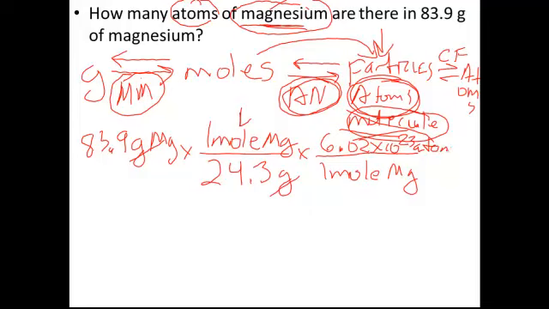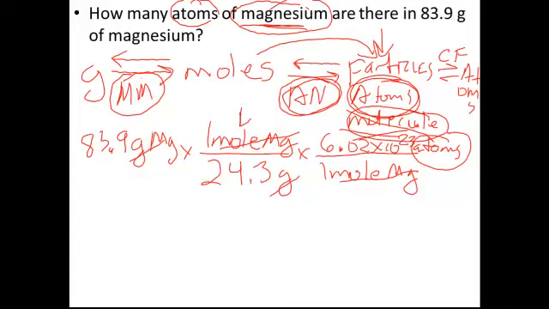And in this case, because it's an atom, it's atoms. So now we can see that our moles of magnesium cancel each other out, and all we have left are atoms. So when we do the math here, we've got 83.9 divided by 24.3 times 6.02 exponent 23.